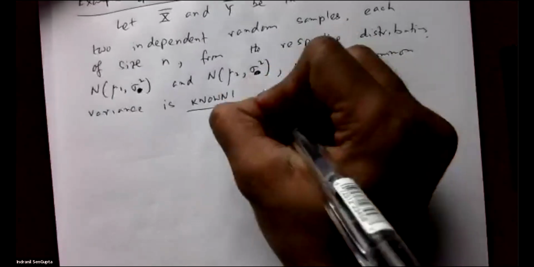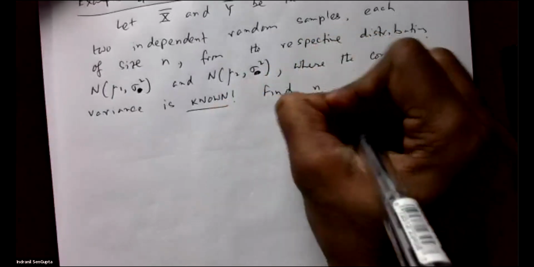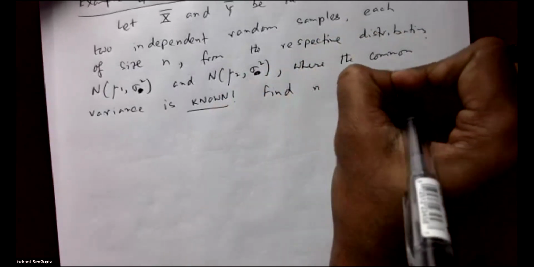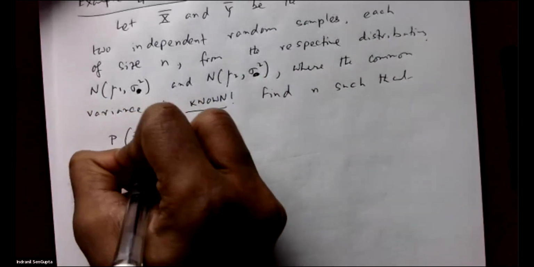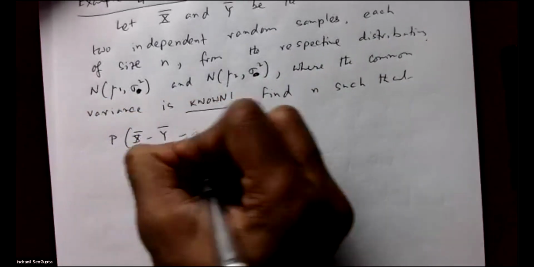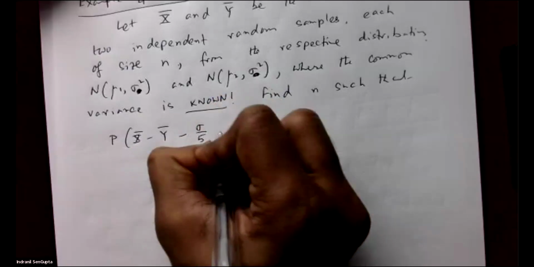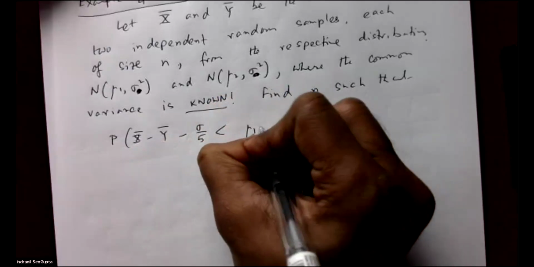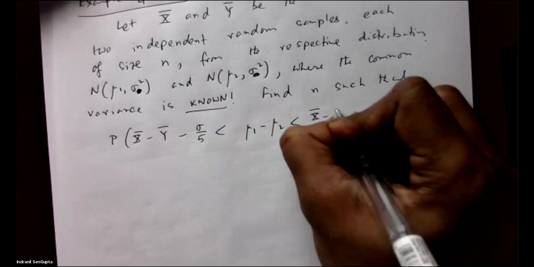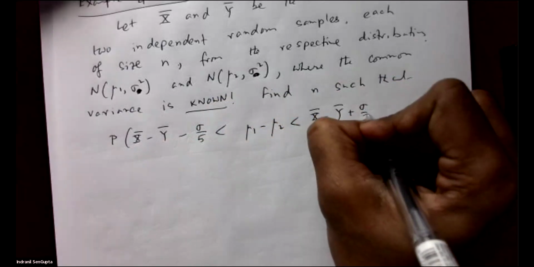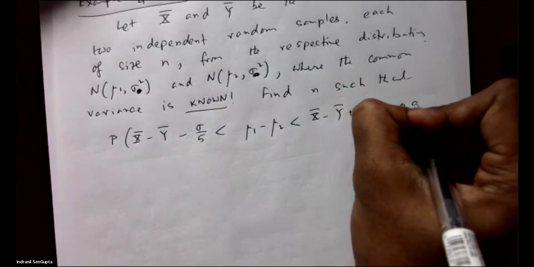Okay. Find n such that the probability of x bar minus y bar minus sigma over 5 is less than mu1 minus mu2, which is less than x bar minus y bar plus sigma over 5, is equal to 0.90.